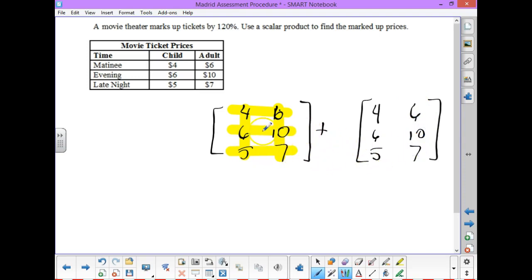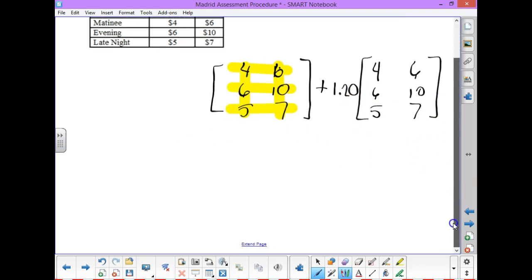Since there was a price increase, it's still the original price plus the increase, which is 120%. I can put 1.2. So what I do now is just the math.